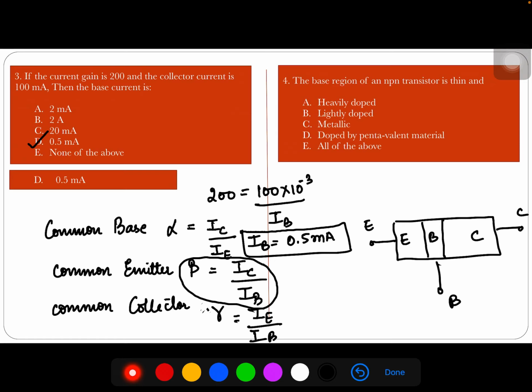So base is always thin and lightly doped. We read it in the construction of the BJT. These two features are given to the base in order to avoid recombination. So base is lightly doped. Correct option is B.